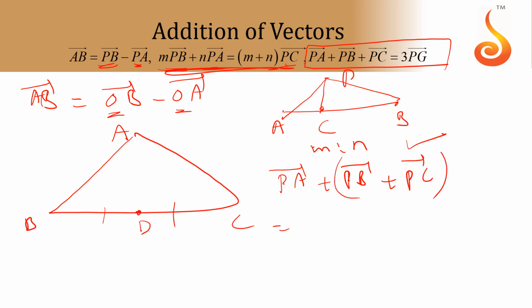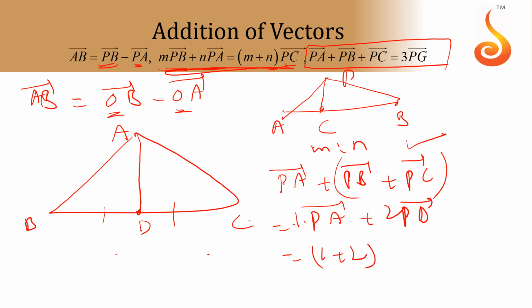Now since D is dividing BC in the ratio 1 is to 1, I can write 1 into PC bar plus 1 into PB bar equal to 2 times PD bar. So now again the coefficients are 1 into PA bar. If you join AD, 1 into PA plus 2 into PD means (1 plus 2) into, what is the point which is dividing AD in the ratio 2 is to 1? PG. That's why 3 PG bar. These properties are very, very important. We will see it.